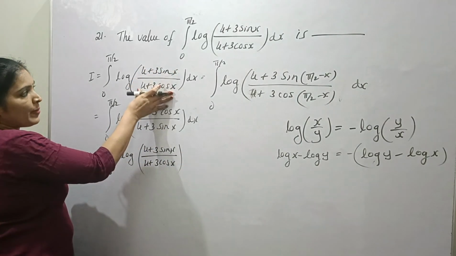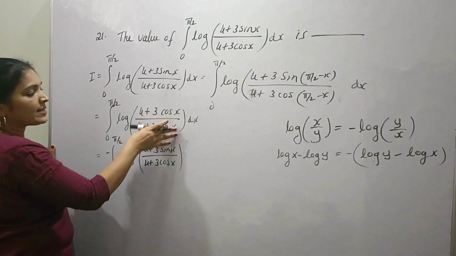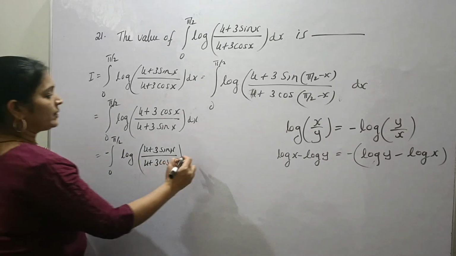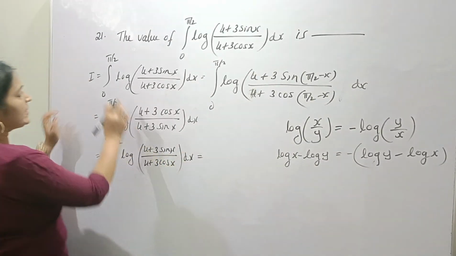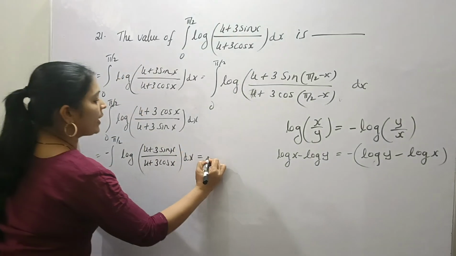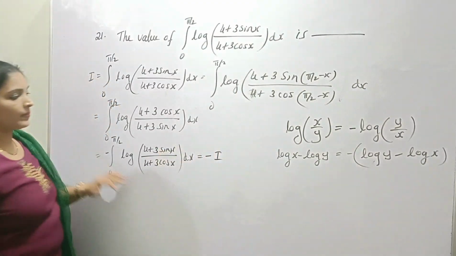Here it is x by y, here it is y by x, so that is equal to minus of log x by y dx. So what is it? We have taken I equal to this one, right? Therefore it is minus I.